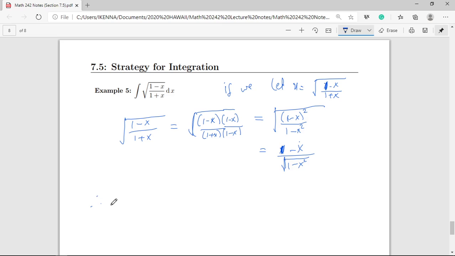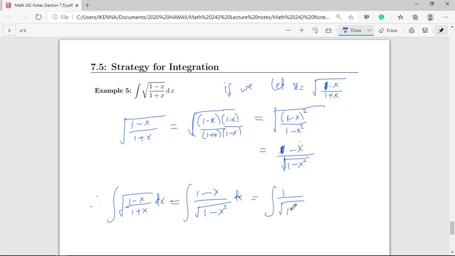So my integral becomes the integral of 1 minus x divided by square root of 1 minus x squared dx, which I can write as the integral of 1 over square root of 1 minus x squared dx minus the integral of x over square root of 1 minus x squared dx.